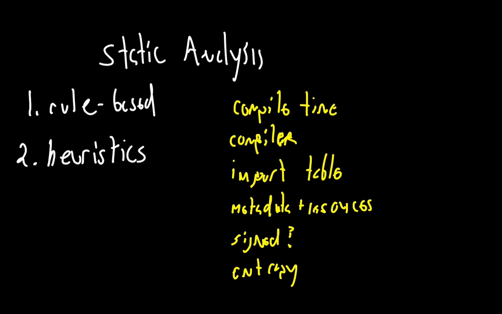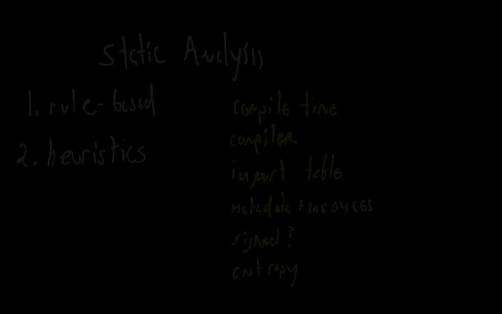So really the list here goes on and on, but these are features, observable things about a program that could lead one to score whether or not they think the intent is malicious or benign.